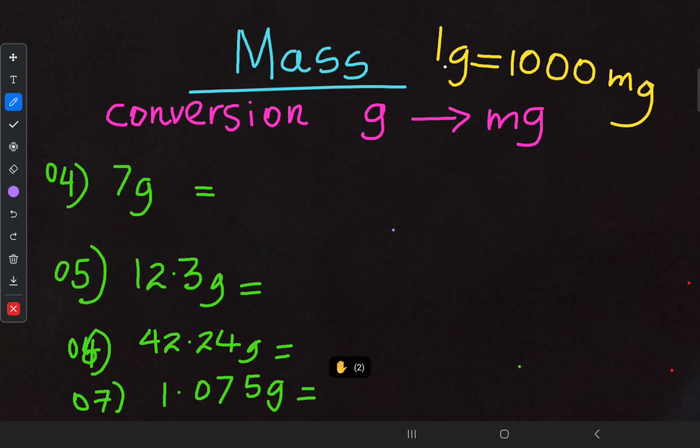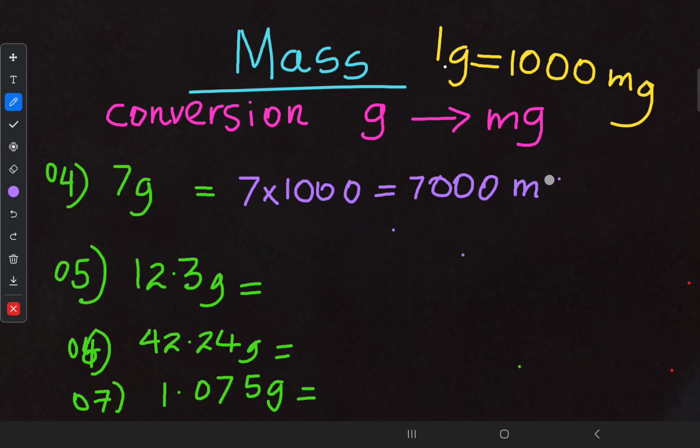Okay, 7 grams to milligrams. So 7 should be multiplied by 1000, and 7 multiplied by 1000 is 7,000 milligrams in this case. For our second question, 12.3 should be multiplied by 1000.